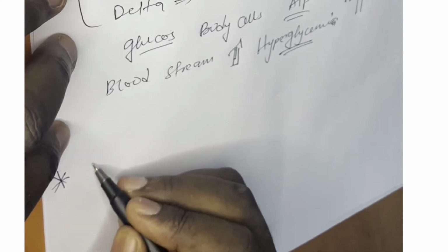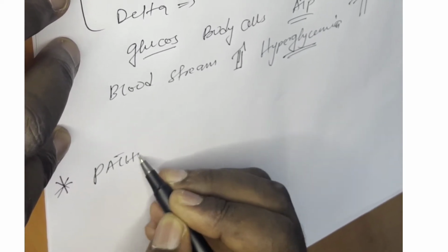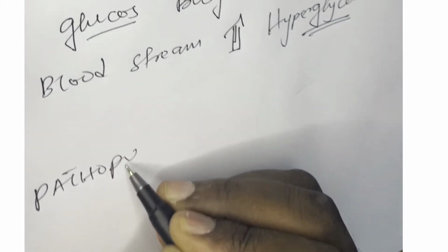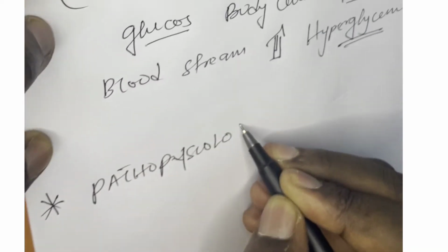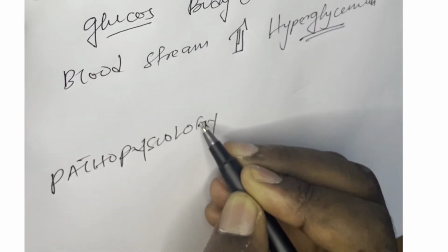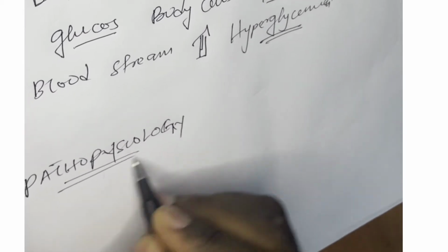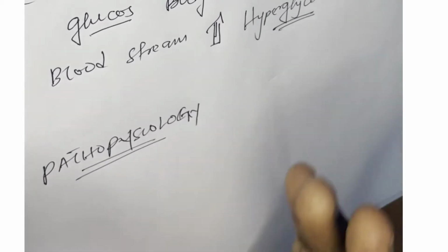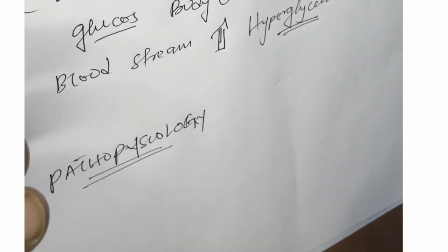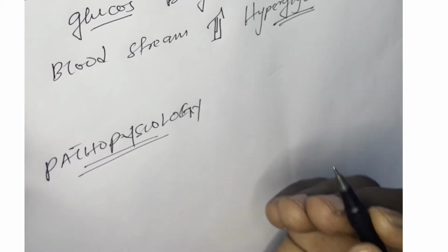When we say pathophysiology, it's nothing but how the occurrence of this diabetes mellitus happens in the body. So listen up, it is very important for you to understand how the issue arises.